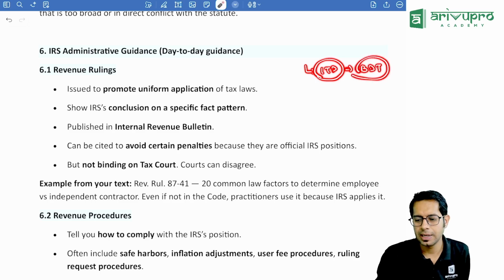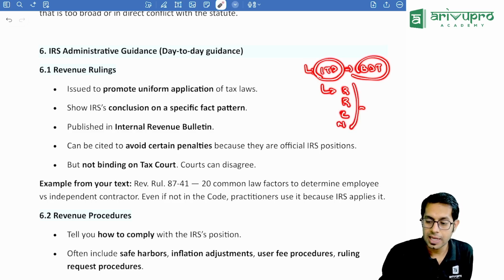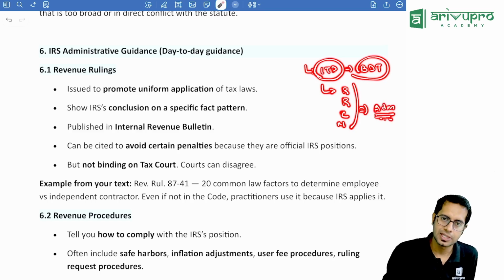What CBDT does is make rules, make regulations, pass some circulars and notifications. All these are done for the administration of the law.